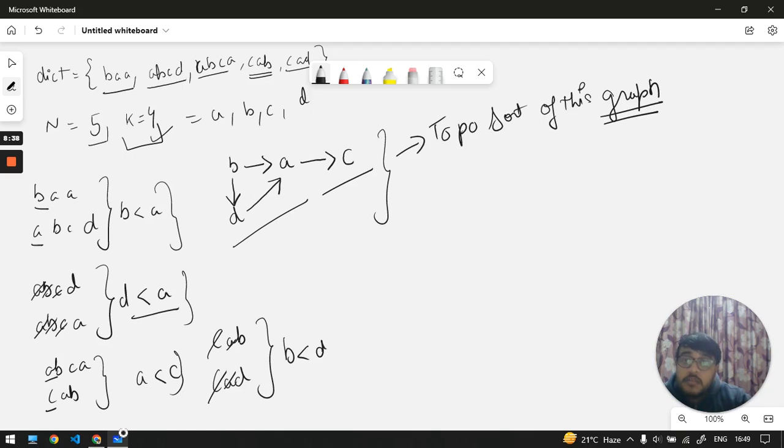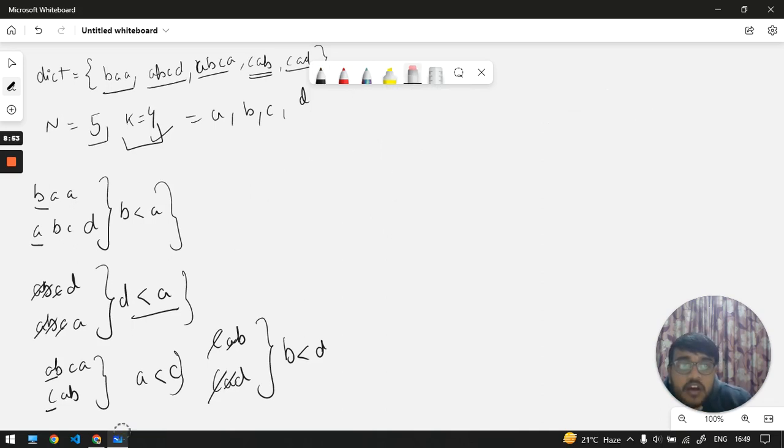Why this is coming before this, this is coming before this, and so on, which is exactly the topo sort. So let's try to find out the topo sort.